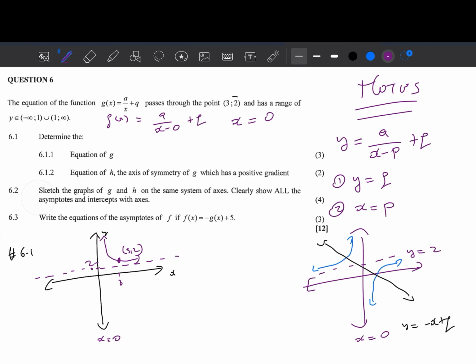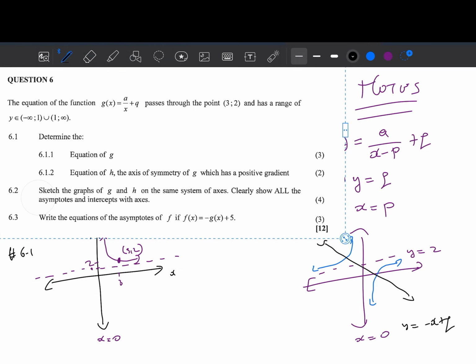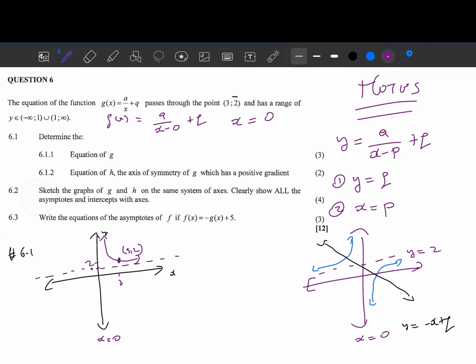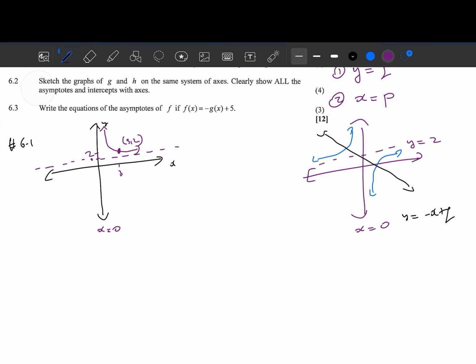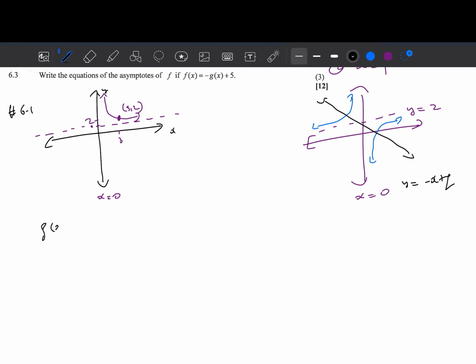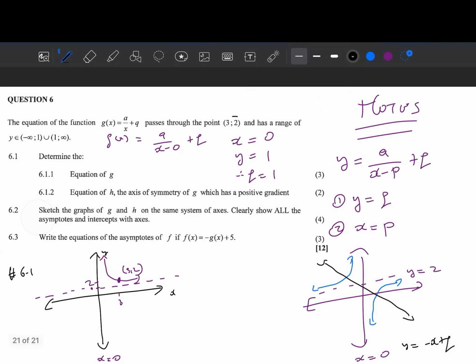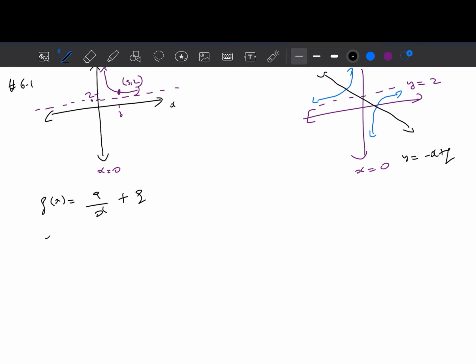So that's basically how this looks. Therefore our horizontal asymptote is equal to 1, so our q is equal to 1. Make sense? What we are given is g of x is equal to a over x plus q, and what we have discovered is q is equal to 1, because q is the horizontal asymptote.